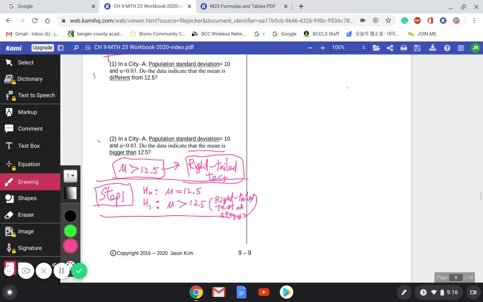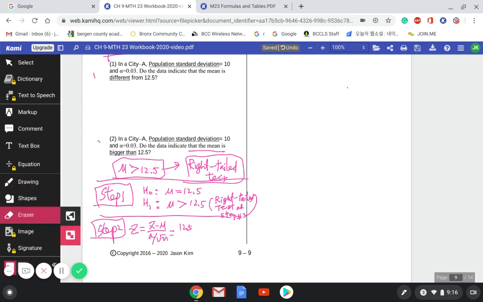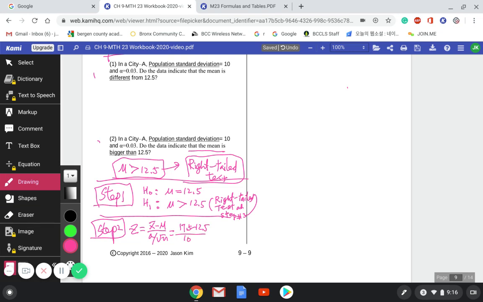Now, step number 2 is calculating the z value. So again, the z value becomes x bar minus mu over sigma divided by square root of n. So 17.5 minus 12.5 over 10 divided by square root of 21.